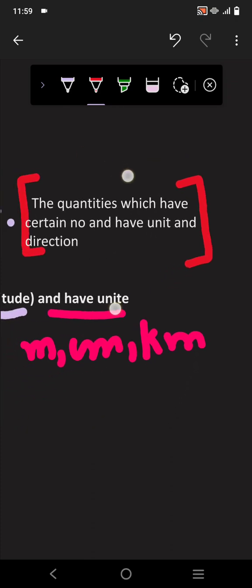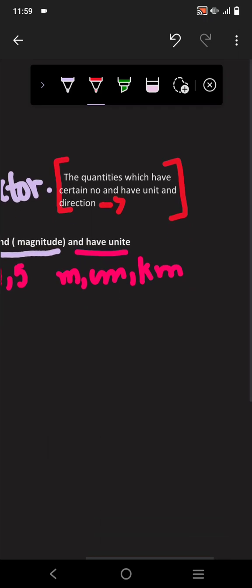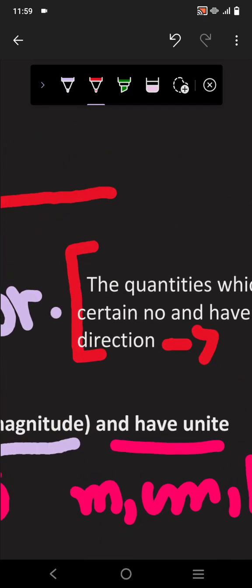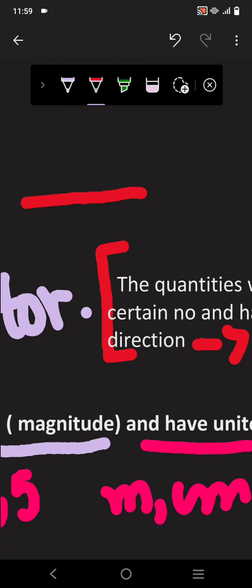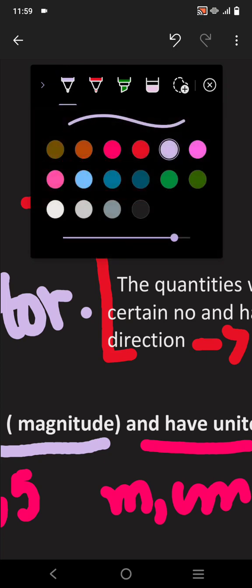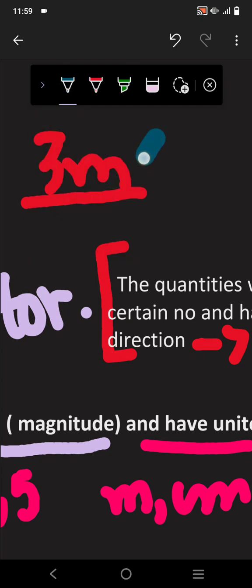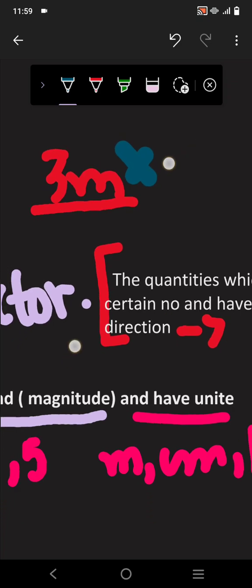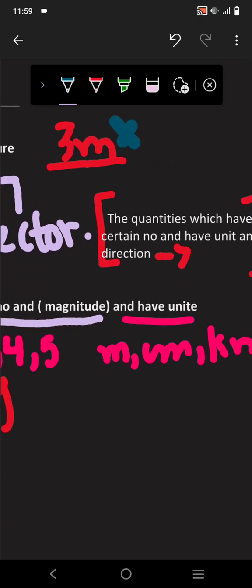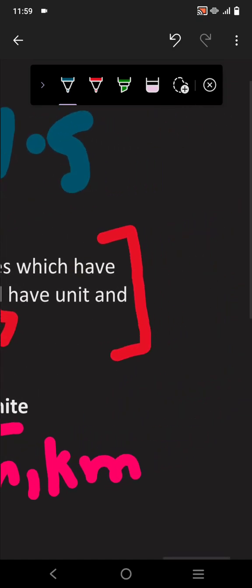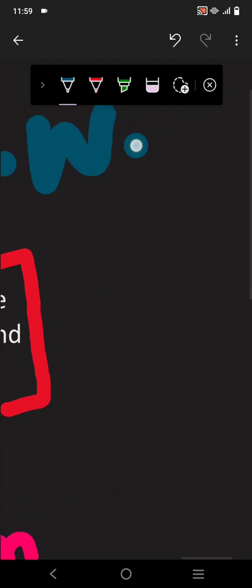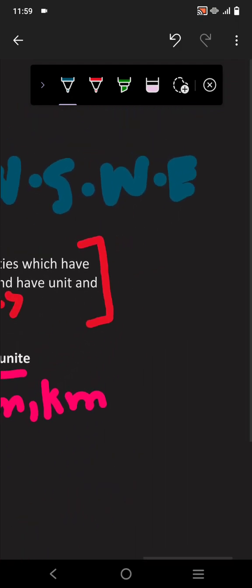So what does this direction mean? If I asked you to go straight, to go 3 meters straight, and pick my shoes, would you be able to pick the shoes? Exactly not. If I don't give you any direction, go straight to the north, go straight to the south, to the west, to the east, it won't make sense.